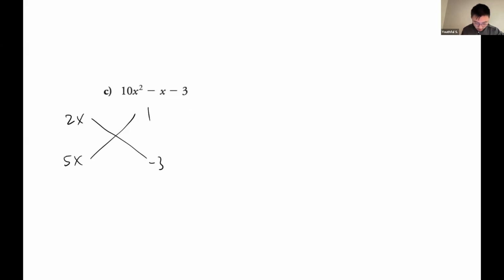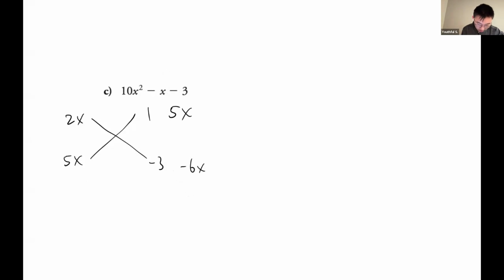That seems to work because, multiplying these together, I get 2x times -3 is -6x, and then 1 times 5x is positive 5x. When I add these two values together, I get -x, which equals the middle part. So I'm basically just doing trial and error, guesses until it works.